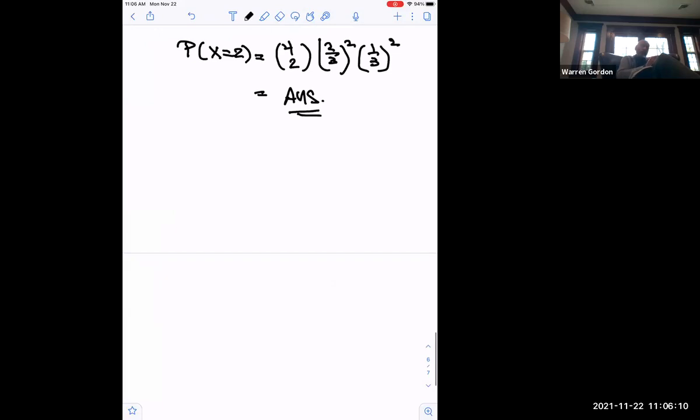Okay, so again, I have my urn. I have R red and N minus R other balls. And I choose little n without replacement.